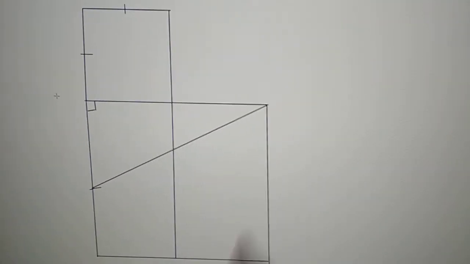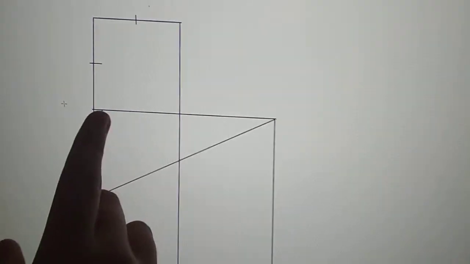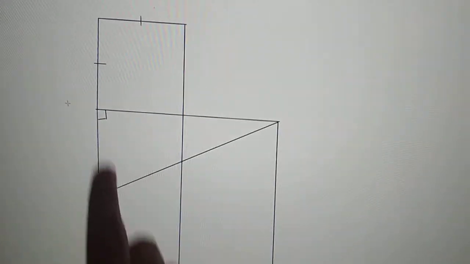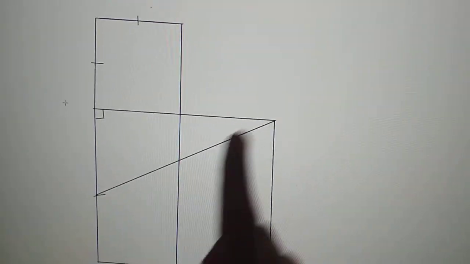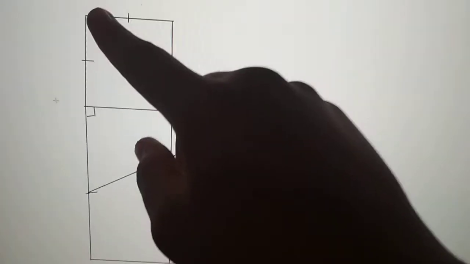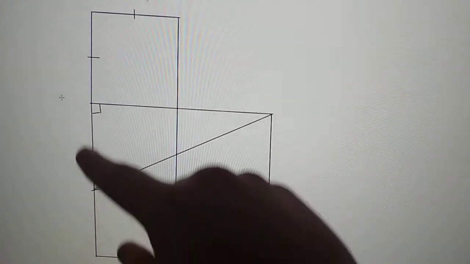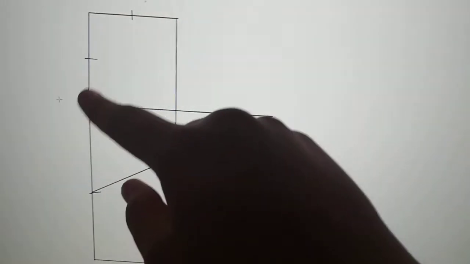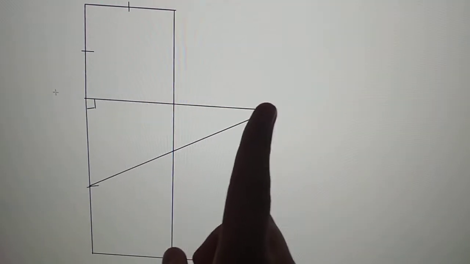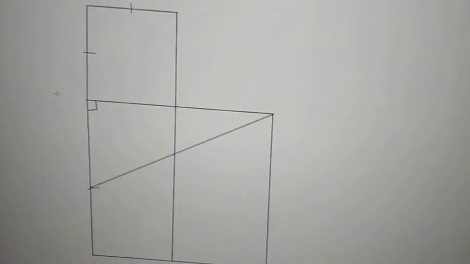And we also have now that the square on this plus the square on this is equal to the square on this. So two things equal to the same thing are equal to each other. So the rectangle contained by this and this plus the square on this is equal to the square on this plus the square on this.